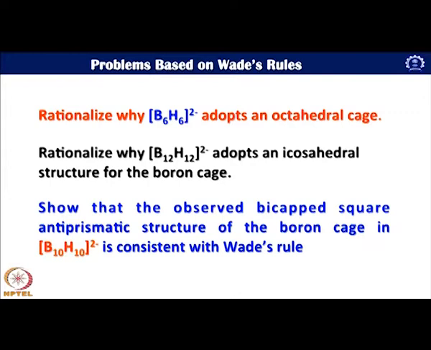Now, I have 3 more problems here. So, the first one, look into it. Rationalize why B6H6 2 minus adopts an octahedral cage.